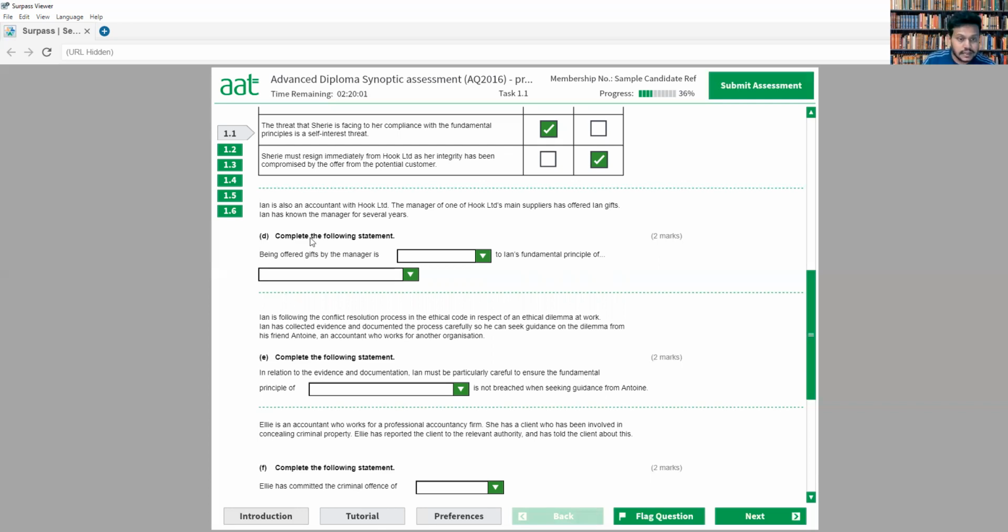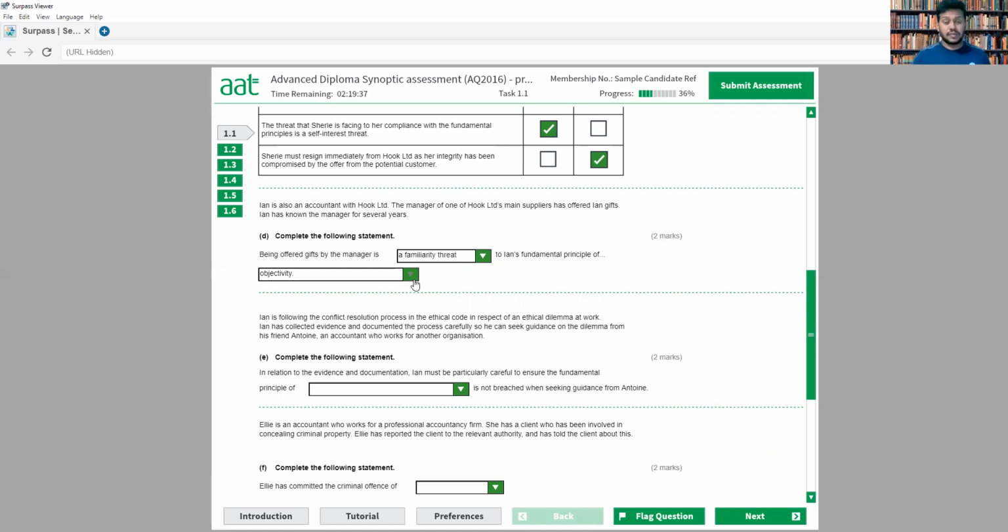Complete the following statement: being offered a gift by the manager is what type of threat? Familiarity threat, because it's a long-standing relationship. To Ian's fundamental principle of objectivity, because the familiarity threat belongs to objectivity.